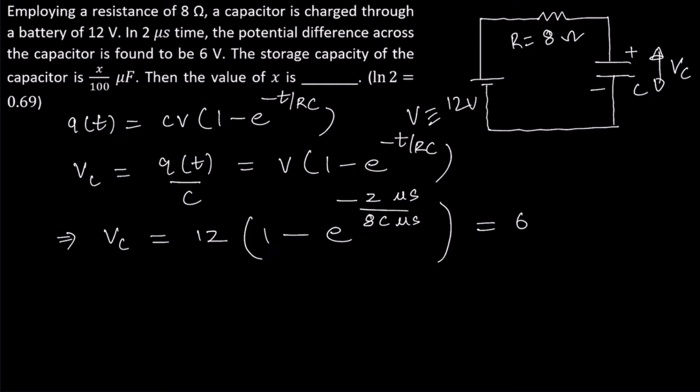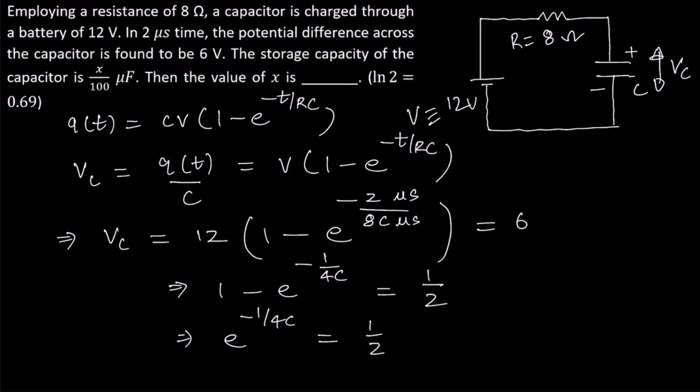Now if I send 12 to the right hand side, I'll have 1 minus e to the power minus 1 by 4C. This is equal to 6 by 12, that is half. And from here we get e to the power minus 1 by 4C is 1 minus half, which is half.